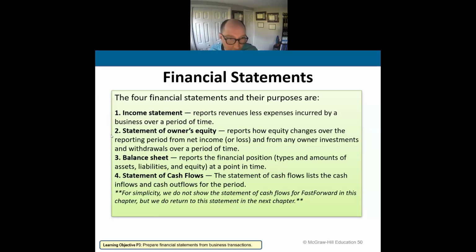So to recap, there are four primary financial statements. We have our income statement, statement of stockholders' equity, balance sheet, and the statement of cash flows. The income statement reports revenue minus expenses equals net income. The statement of stockholders' equity represents changes of owner investments and withdrawals over time.